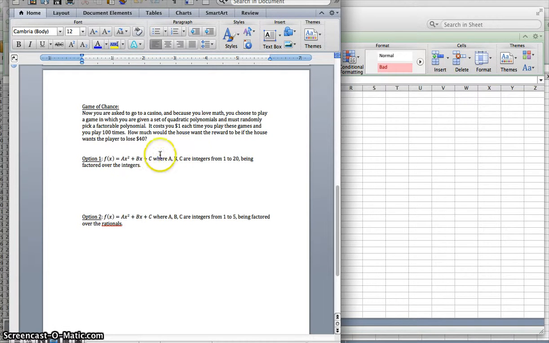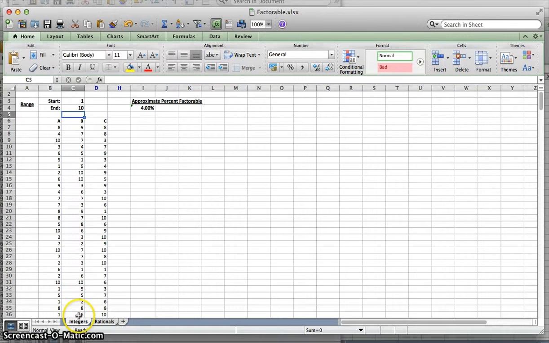The first scenario is a, b, and c are integers from 1 to 20, and they're being factored over the integers. So the students will use the provided Excel file in the integers tab, and the integers range from 1 to 20. And then they'll get an approximate percent that are factorable. They'll continue to do that.